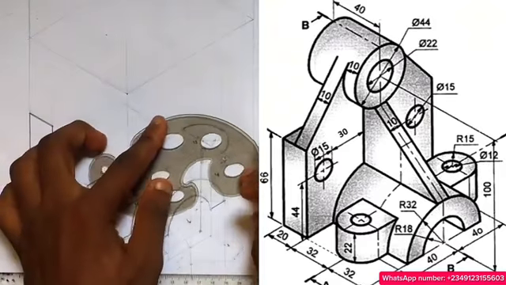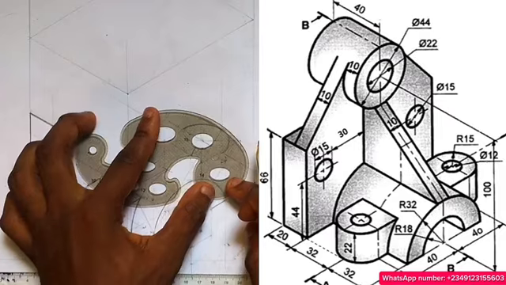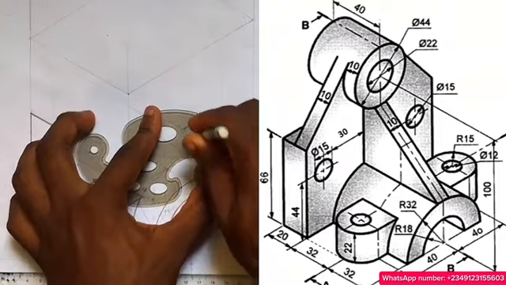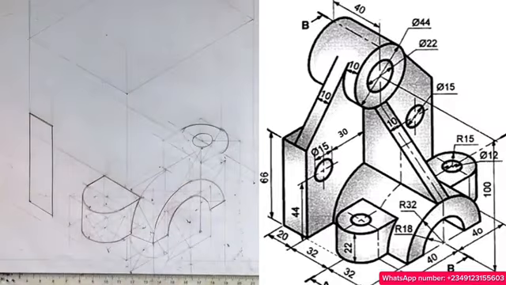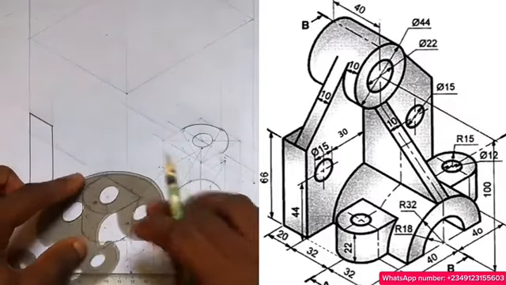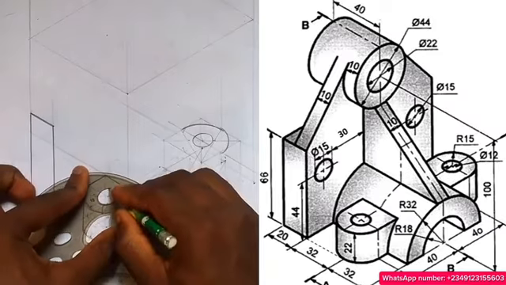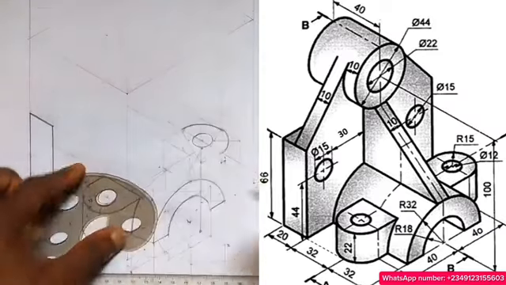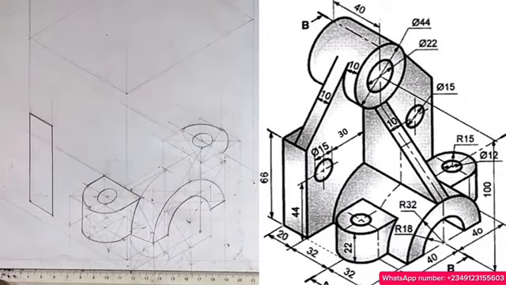I'll gauge it, draw it this way, and come here to that 15, gauge it, and draw it this way to save time. So that's my circle there, as you're seeing in front of you.